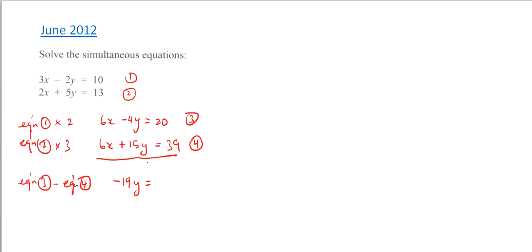And 20 minus 39 gives me minus 19. So y is equal to minus 19 over minus 19, which is equal to 1.